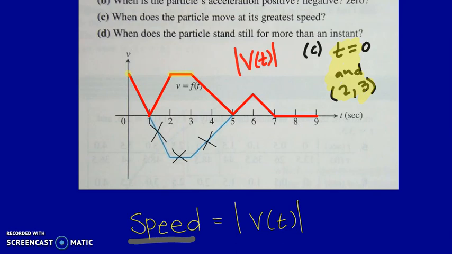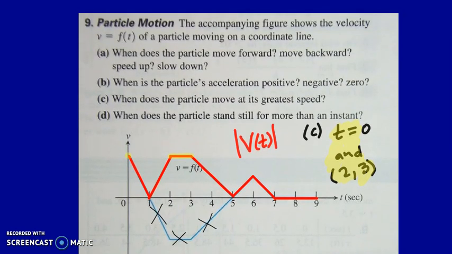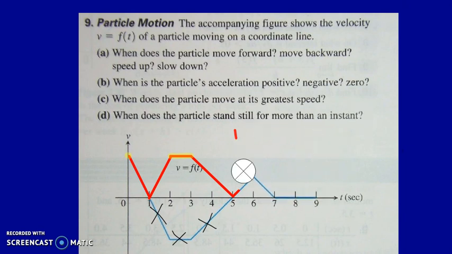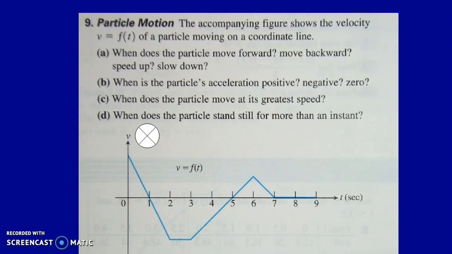Alright, now part D. When does the particle stand still for more than an instant? So if it's standing still, velocity is 0, but you can't necessarily look at just the zeros, because at t equals 1, velocity is 0, but it changed direction.